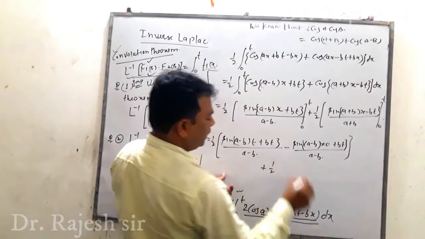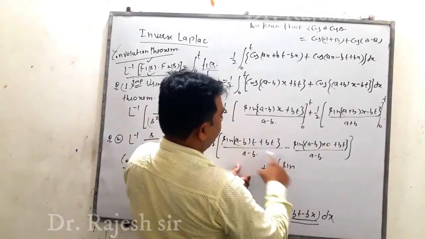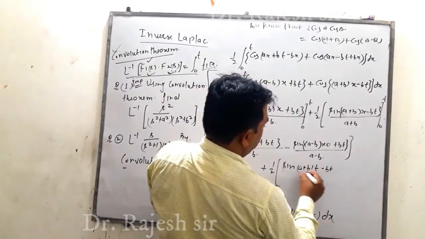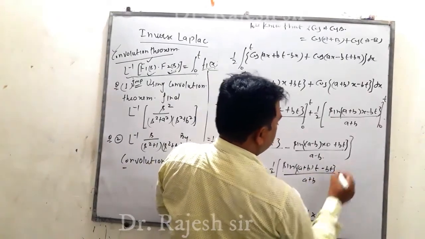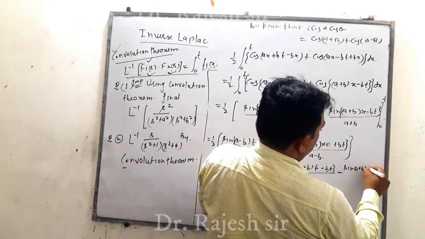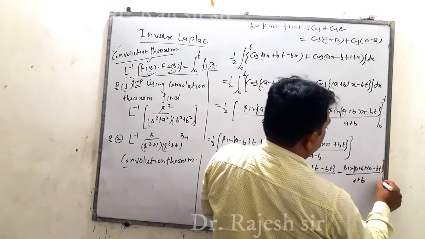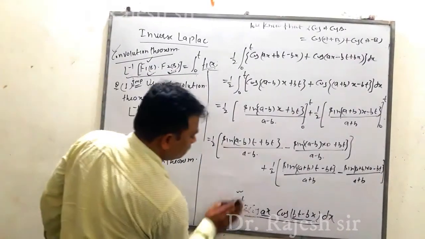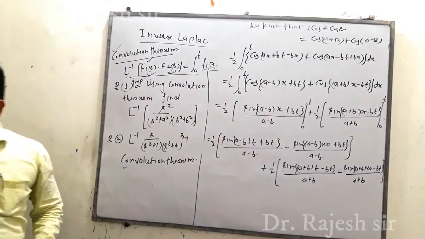Next plus 1 by 2, applying the limit, only changing a minus b to a plus b, sin((a plus b)t minus bt) upon (a plus b), minus applying 0, sin((a plus b) times 0 minus bt) upon (a plus b). Understand this question, please make a note.